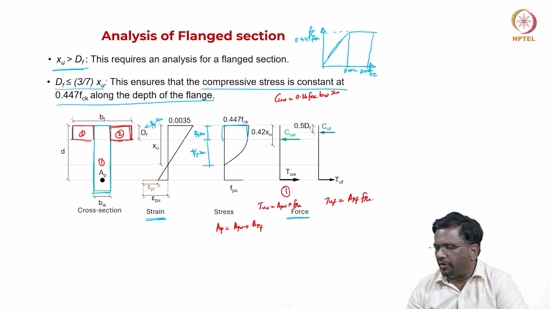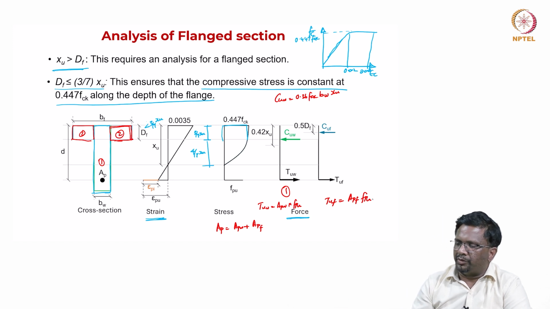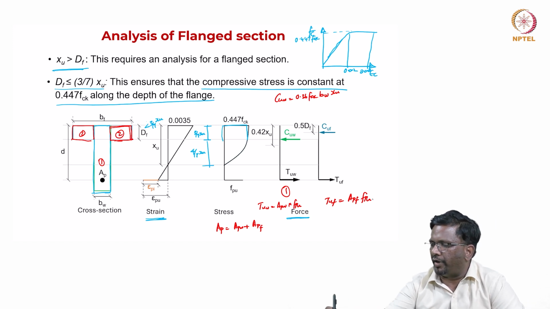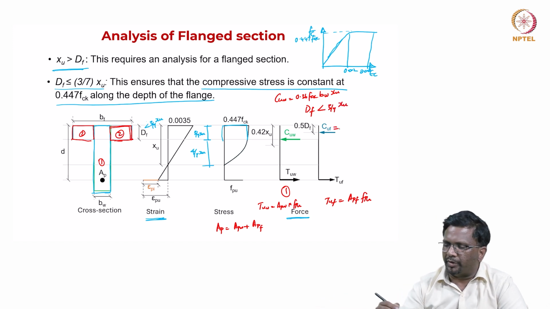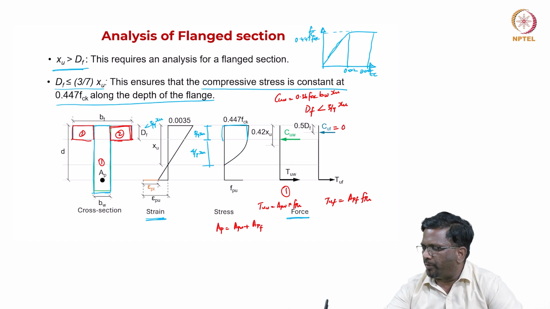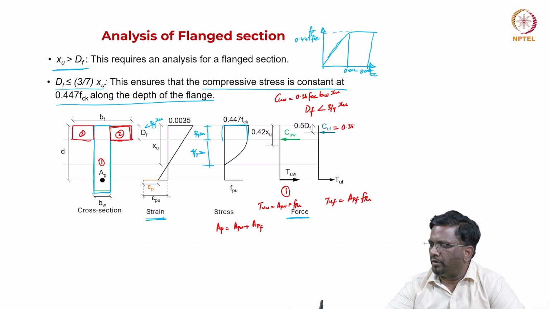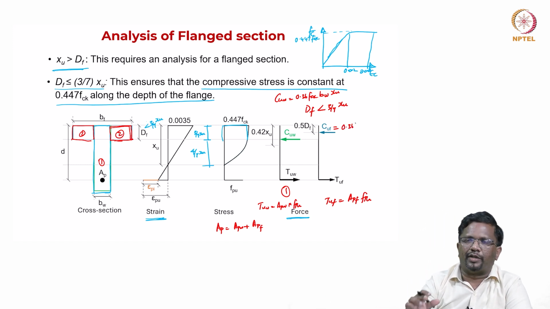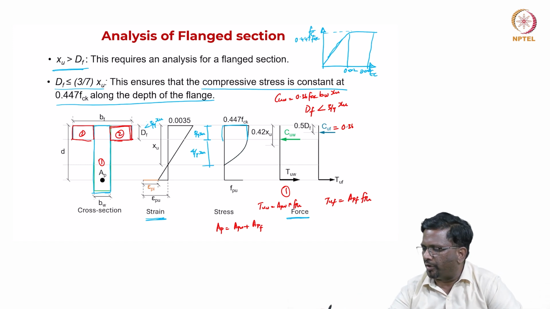Now, what is CUF in this case? If you are finding DF is less than 3/7 of your XU, CUF will become again 0.36. Okay. Now, you see here the entire region is in constant stress, so it is not really 0.447.